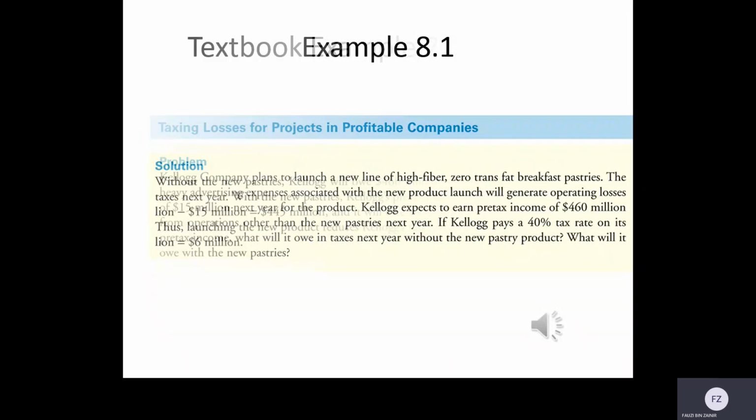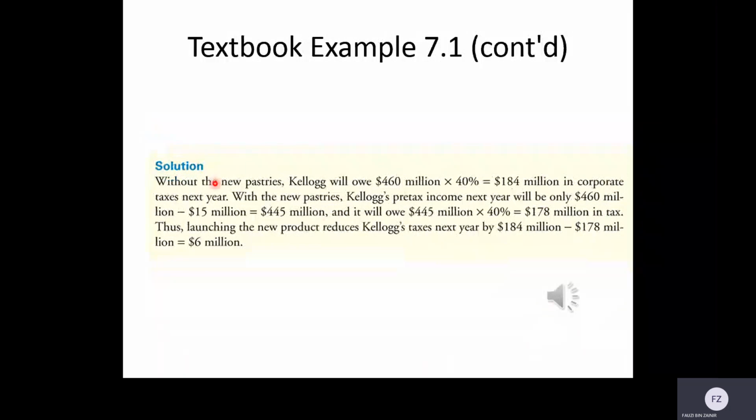So let's look at the explanation. Without the new pastries, Kellogg will owe 460 million times 40%, which is 184 million in corporate tax next year. But with the new pastries, Kellogg's pre-tax income next year will be only 460 million minus the losses of 15 million, which is 445 million.